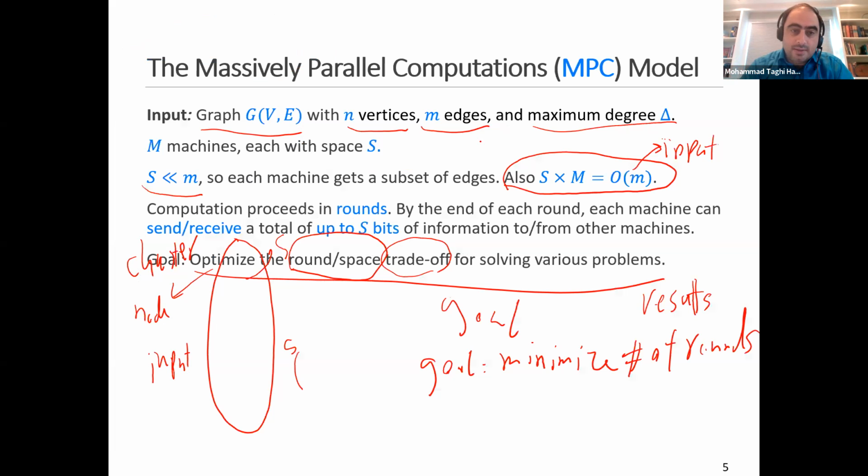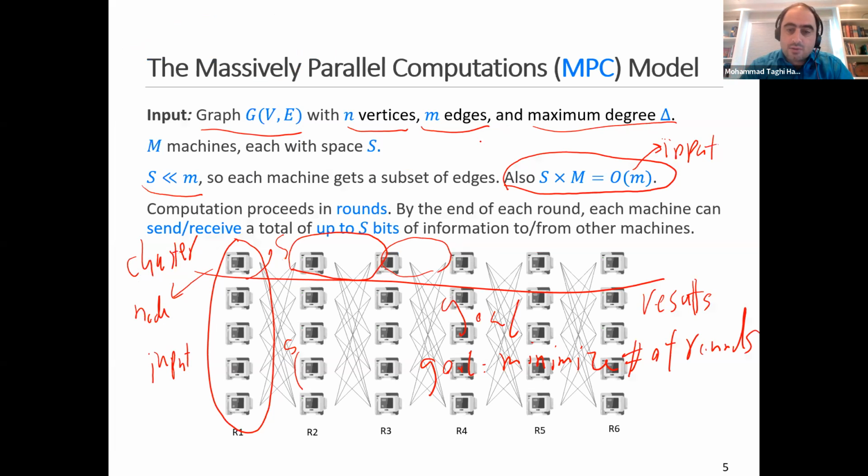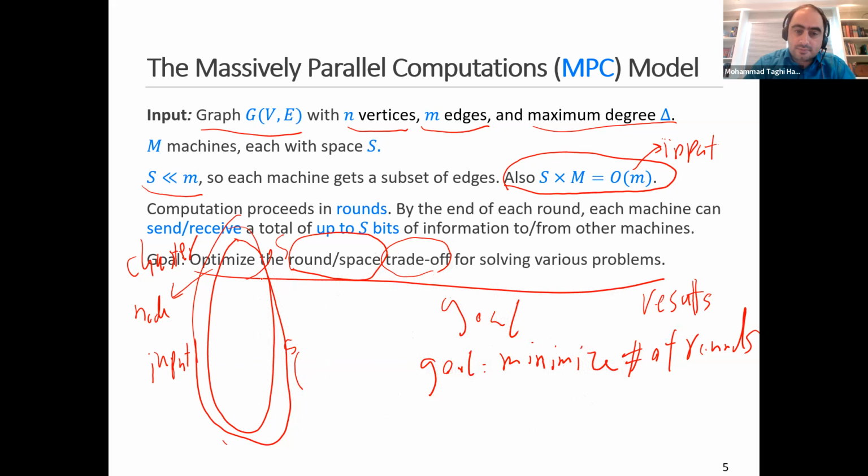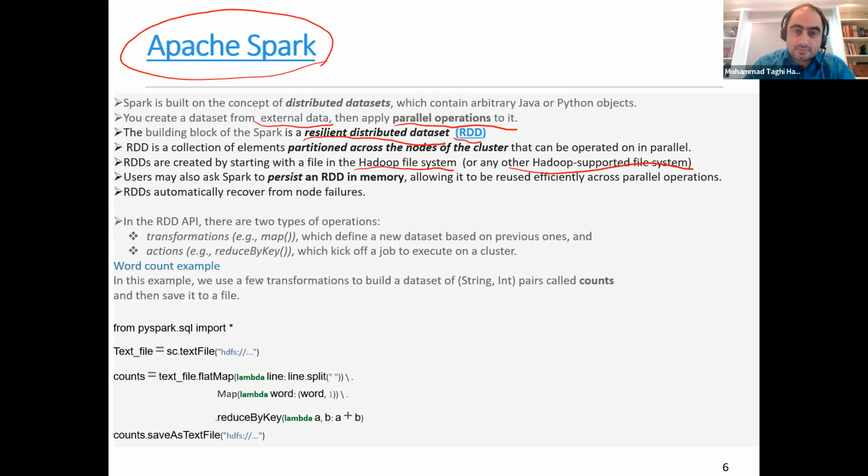So if we see in the previous case, each of them is a cluster, and each of them is a node. So this RDD is a dataset that is partitioned across nodes of these clusters, and it can be distributed over all these computers.